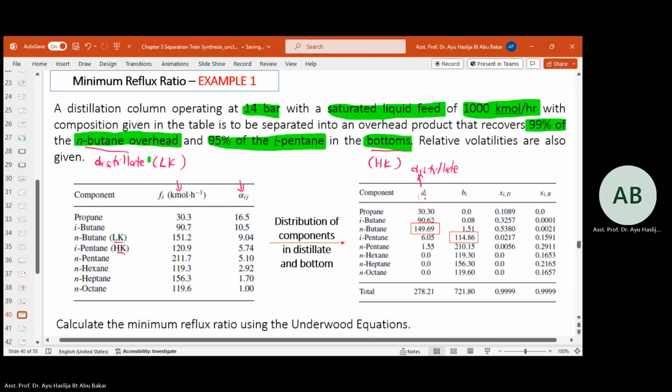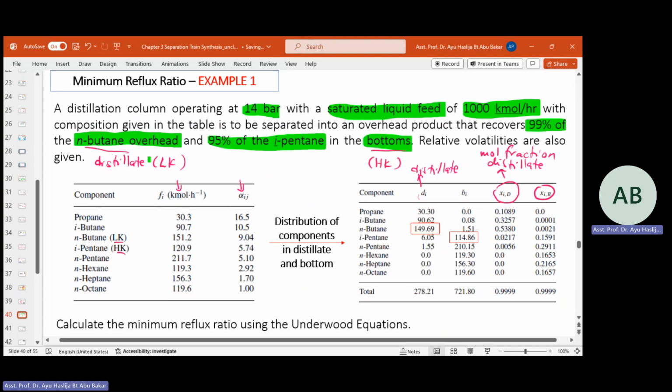In distillate, and this one is in bottom. This one is the mole fraction. X is the mole fraction. D means distillate, so this is the mole fraction in distillate. This one is the mole fraction for bottom.